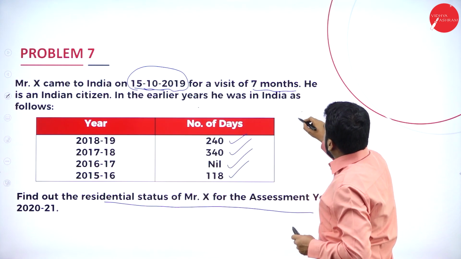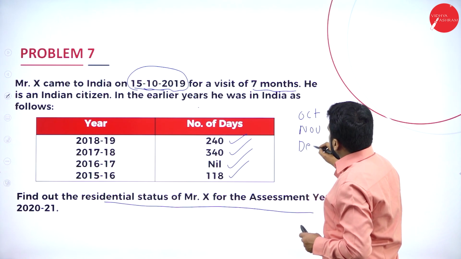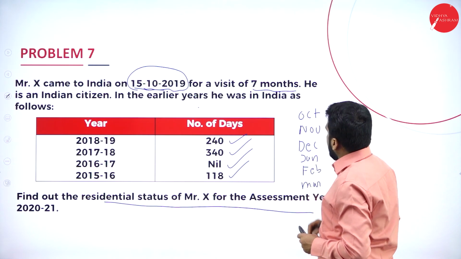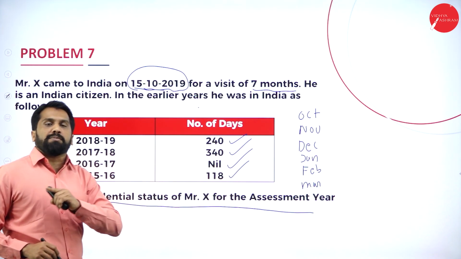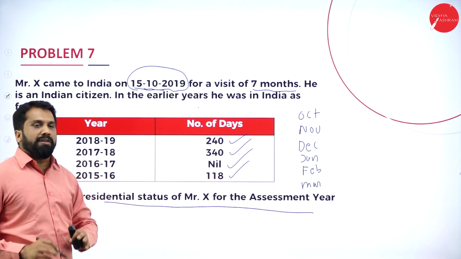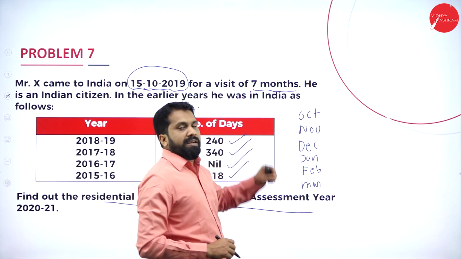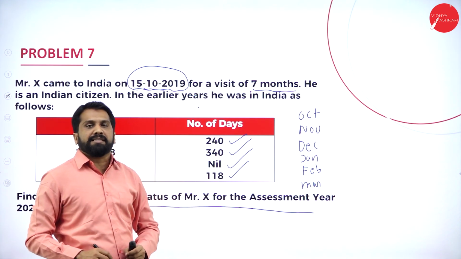Now we'll take October, November, December, January, February, March. From October we should count, because till October 15th he was abroad. In the month of October he came on the 15th. Date of arrival and date of departure should be considered.